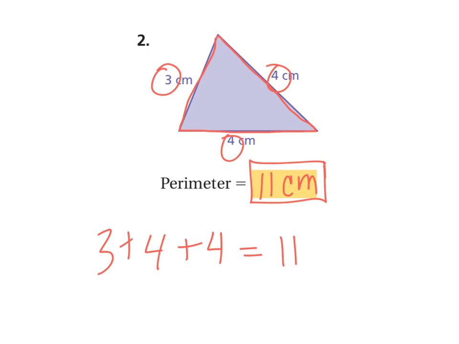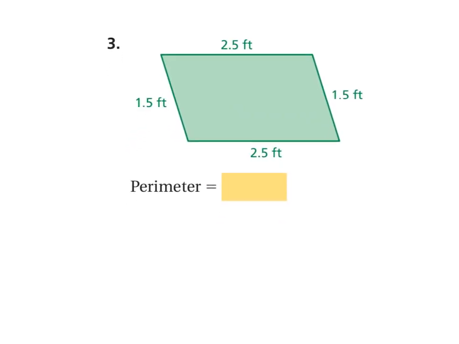And you don't have to draw this in your journals unless you want to. If you do want to draw the shapes because you're visual, like me, that's totally fine. You'll probably want to pause the video and draw it before I do it. Alright, number 3. So, again, following the perimeter, and it doesn't matter which number you start with at all.